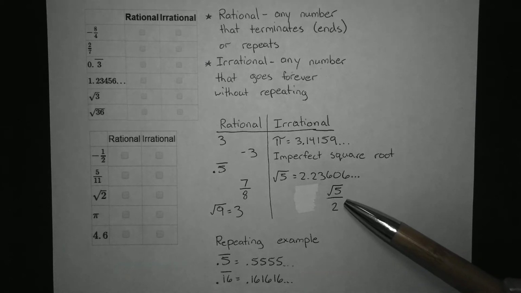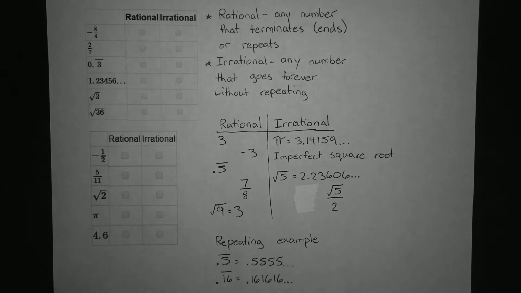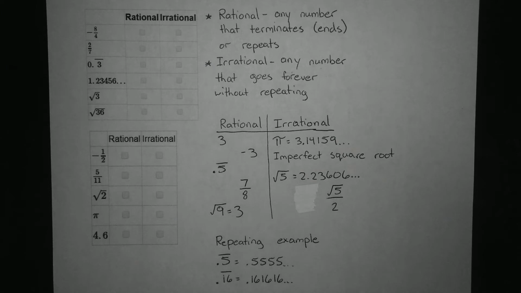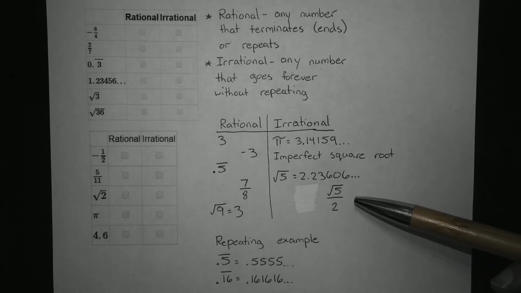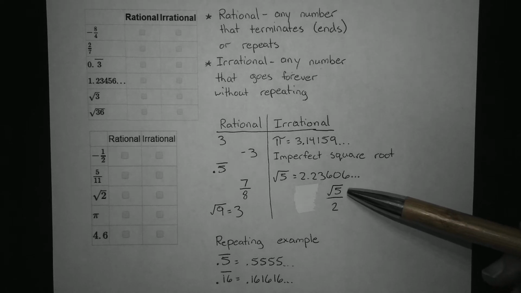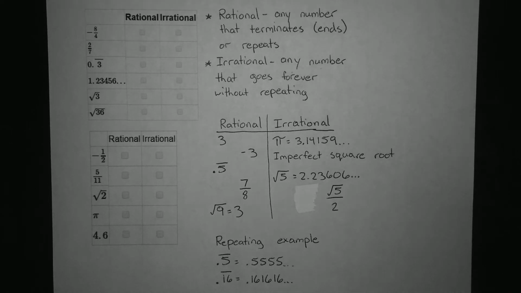And now this fraction, I said pretty much any fraction is rational, but this has an irrational number in it. For our cases in pre-algebra, anytime you see an imperfect square in a fraction, it is also going to be irrational.